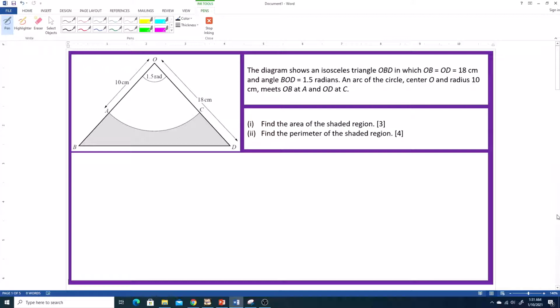So to find the area of the shaded region, all we need to do is find the area of the triangle and subtract it from the area of the sector. So the area of the triangle is a half AB sine theta, and the area of the sector is going to be a half r squared theta.